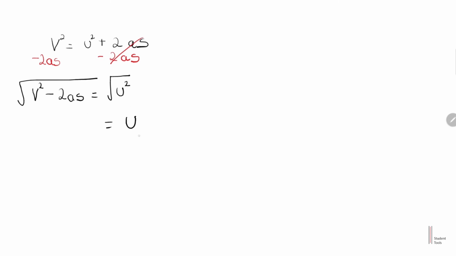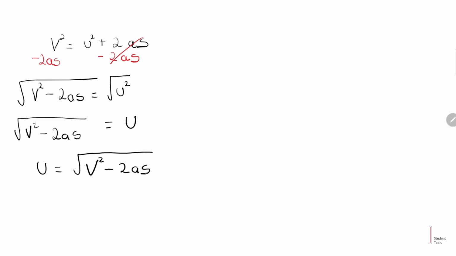So now we have u, and u is equal to the square root of v squared minus 2as. We can even write it like this and say u equal to the square root of v squared minus 2as. And that is just how we make u the subject of the formula.